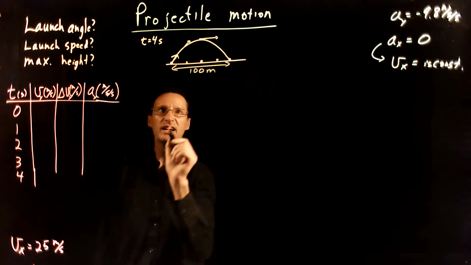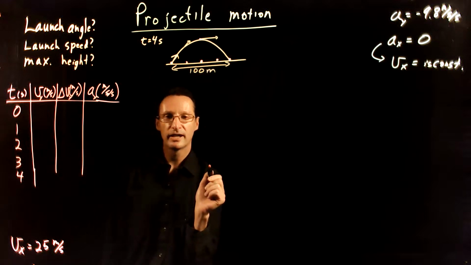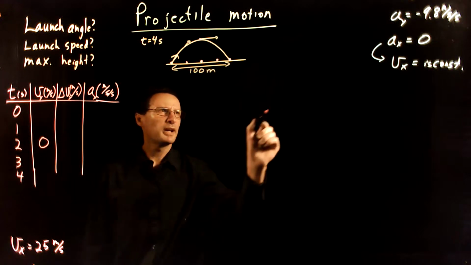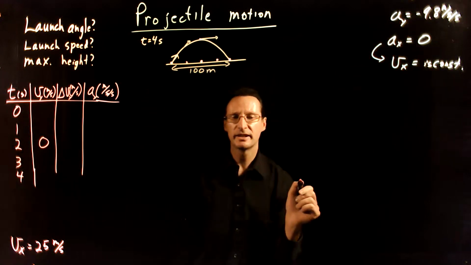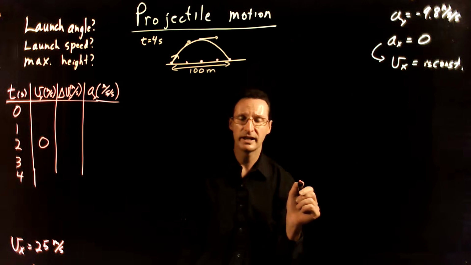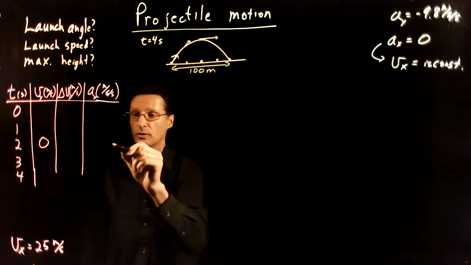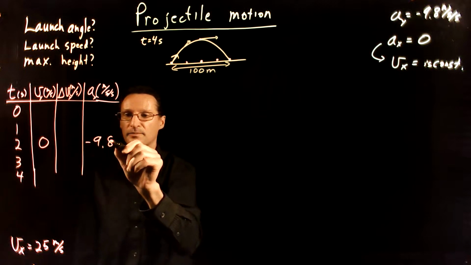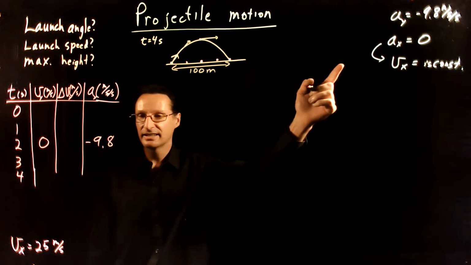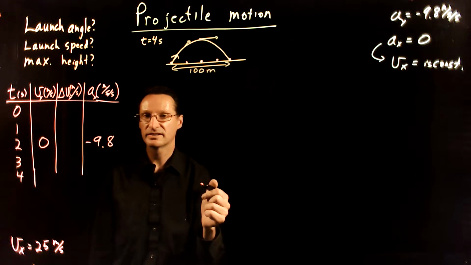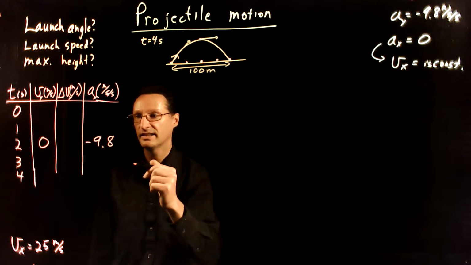At 2 seconds, we said that the y component of the velocity is 0. So that means this is 0. But we also said that the vertical acceleration is negative 9.8 meters per second per second, and that's constant as well. That's telling us that the velocity is changing by 9.8 meters per second in the negative direction.